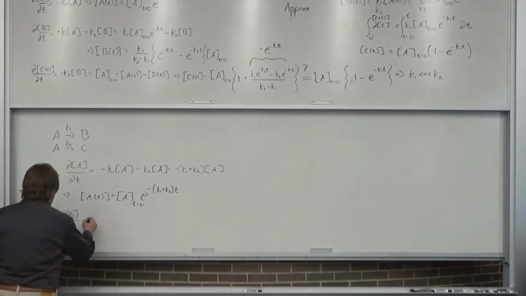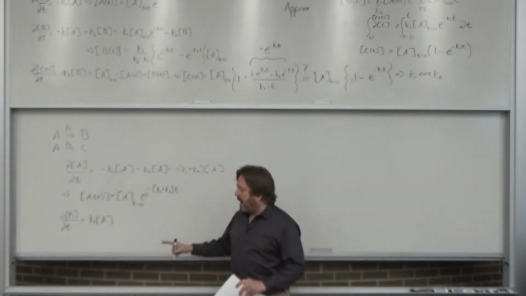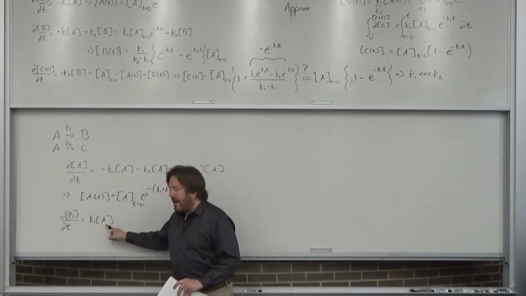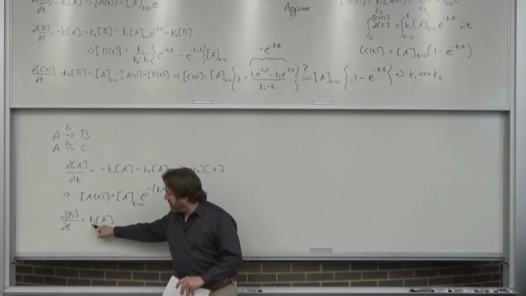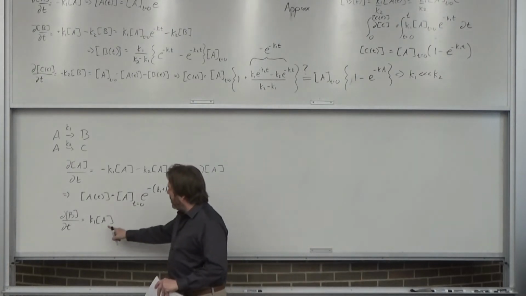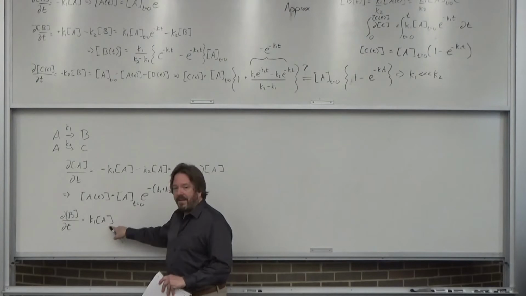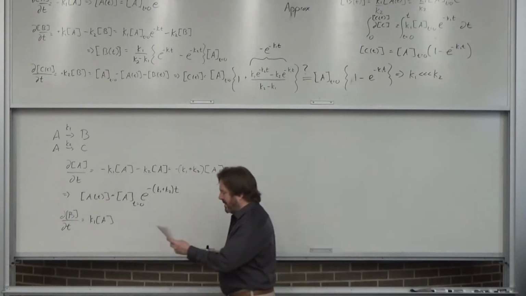Okay, so B is formed by A, so the change in B is positive. It's positive because the reactant A creates B, and it does so with rate constant k1. Now recall that, again, my shorthand, this is actually A as a function of time, and I've already solved that. So what's that?